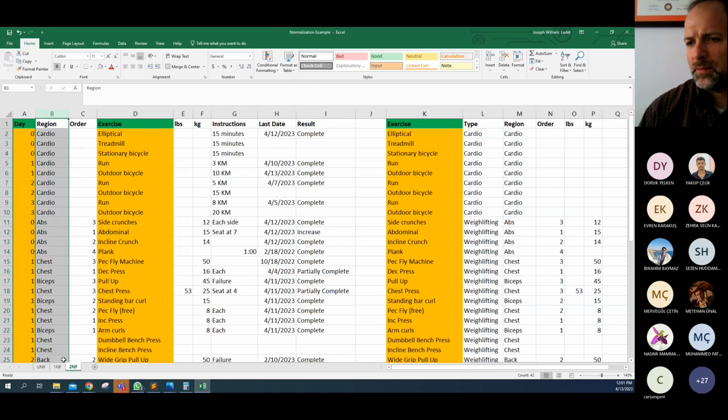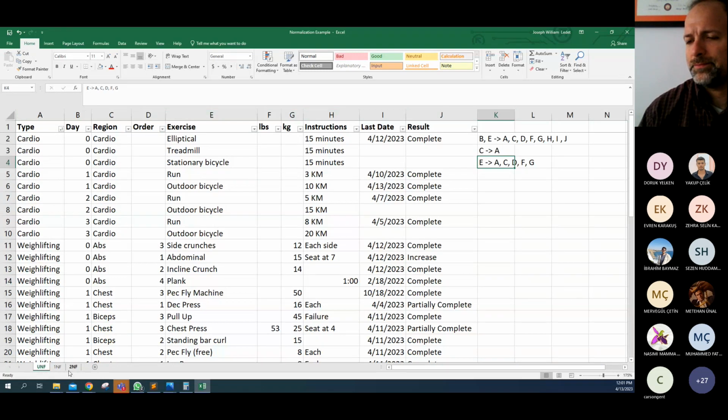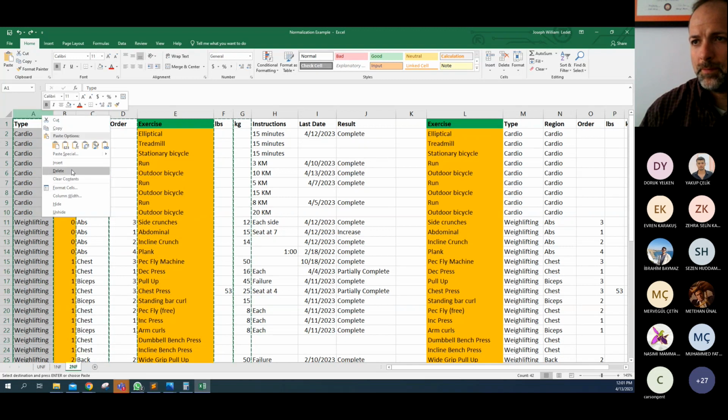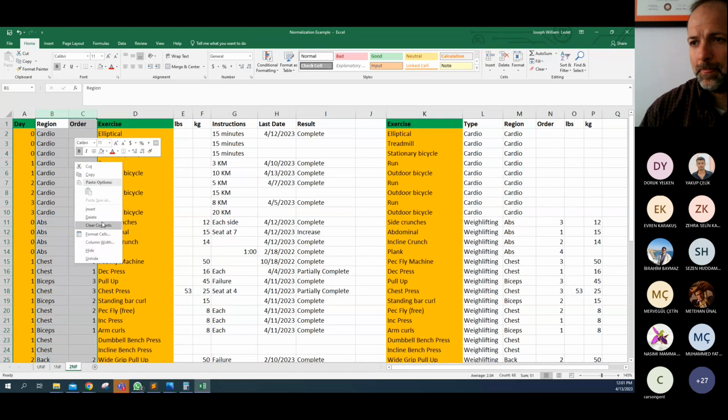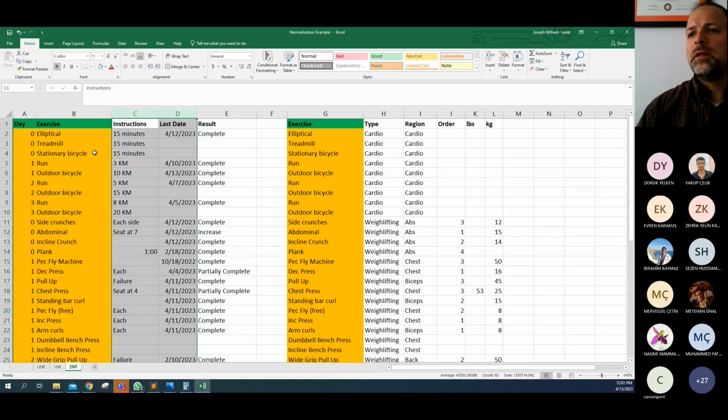Was B included in that? I can't remember. A, C, D. Go from the back. These. Okay, so this one, these two, and these two. Okay. Now you might think, wait a second, why are you getting rid of all this data?